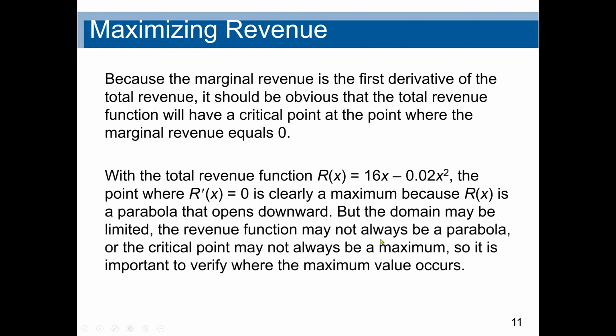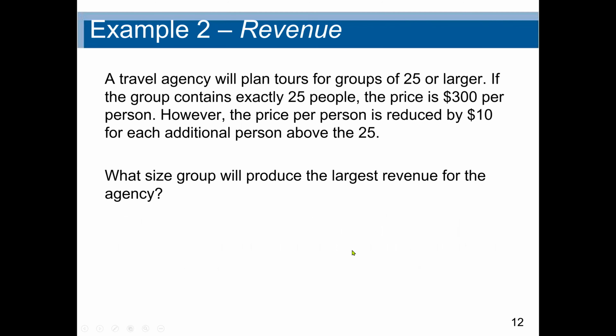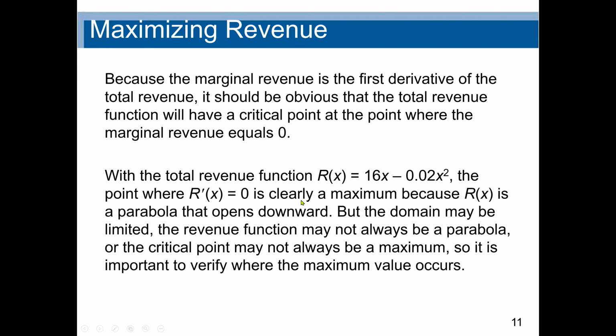So let's say the question, I think it should be solved somewhere. Well, let's go back. So we have 16x minus 0.02x squared. The first thing we have to look for is the first derivative of this function, which will give us 16 minus 0.02x.